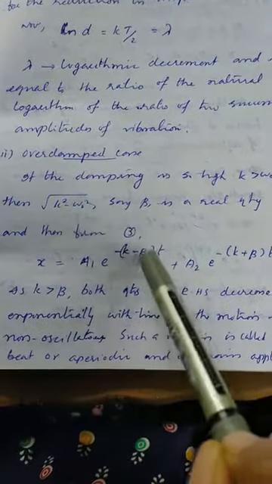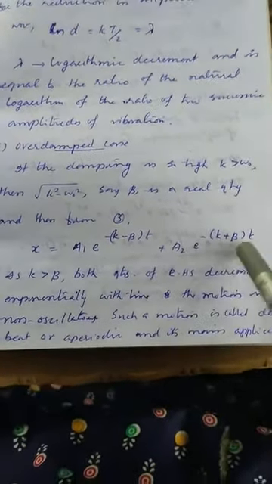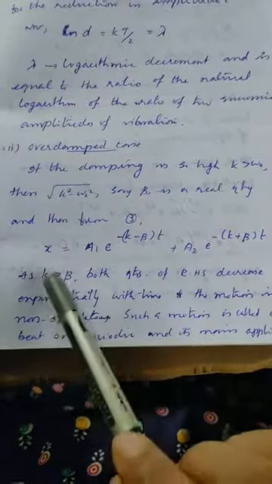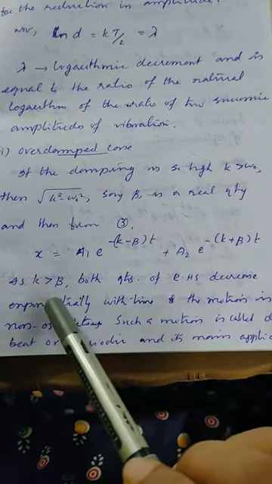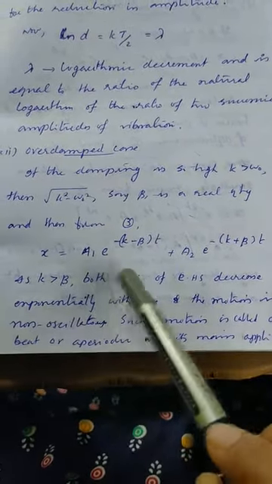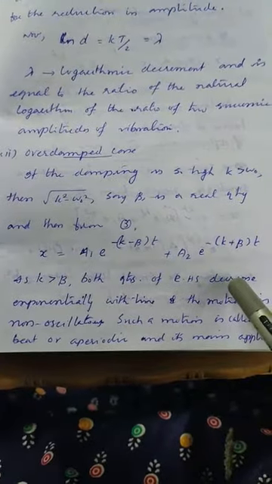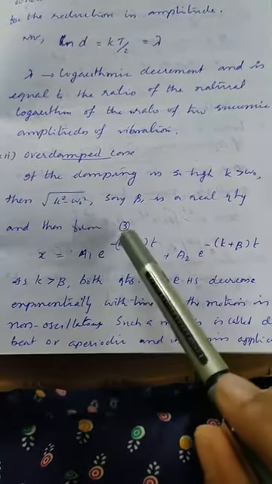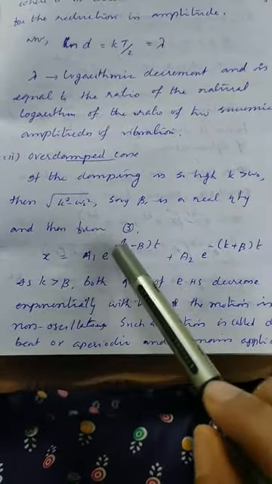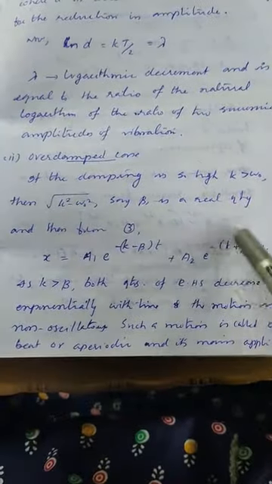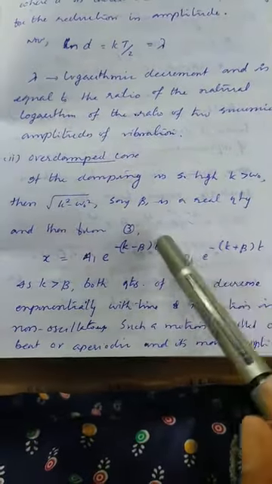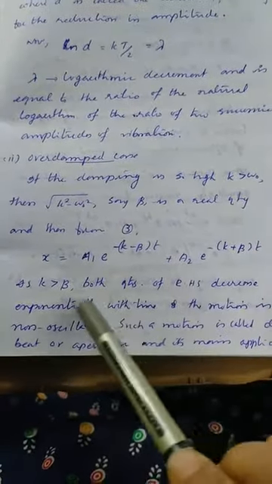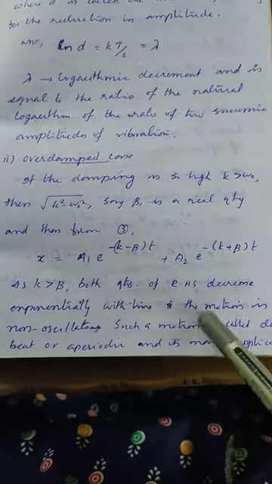We have substituted the beta value, so that this equation will be like this. As k is greater than beta, both terms on the RHS decrease. Since k is greater than beta, this term will be a positive or real quantity, and the exponent is minus of this quantity, so it will be exponentially decreasing.